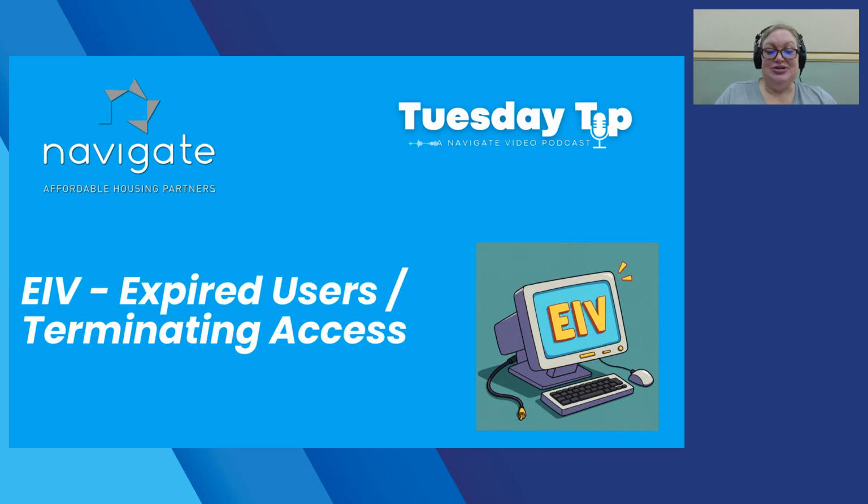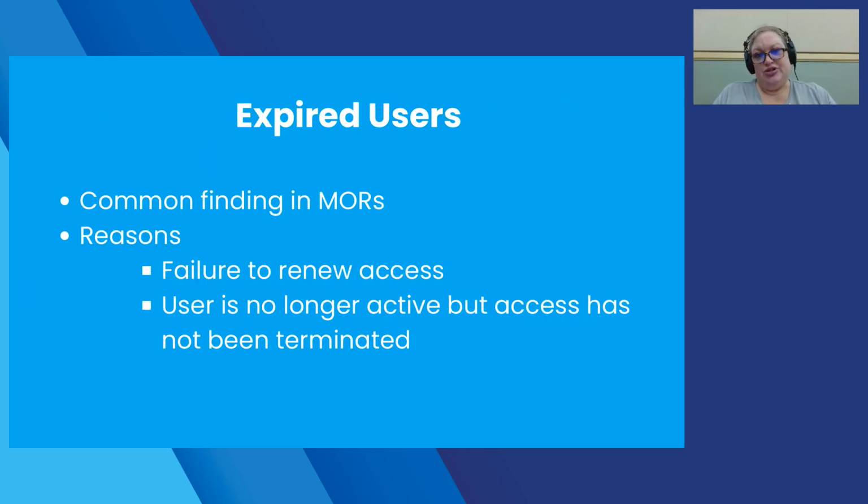This is Pam Keslauskas, and today we're going to be talking about terminating expired users in EIV and withdrawing access or terminating access. Expired users, people that are listed in EIV as expired when we go to look at the list of the users that you have, is a very common finding in MORs.